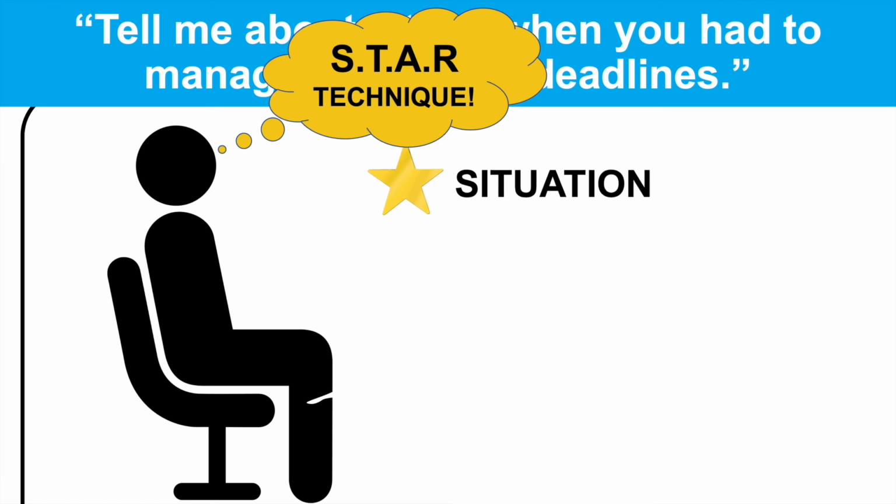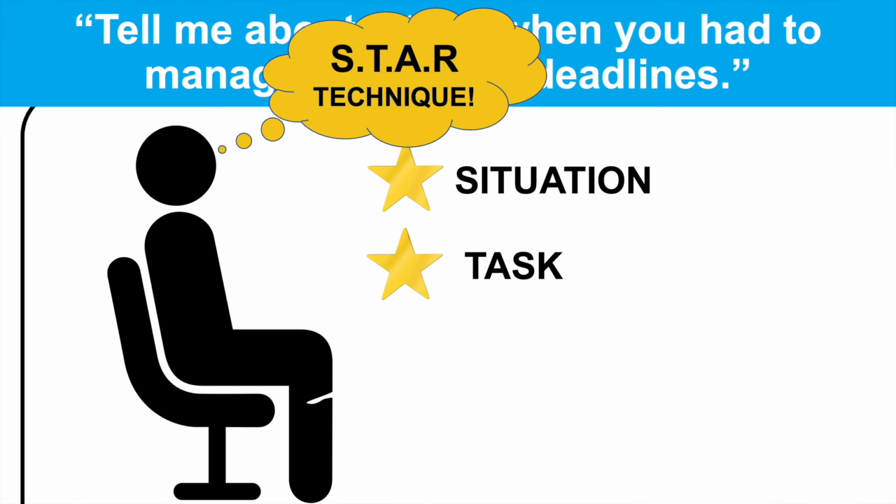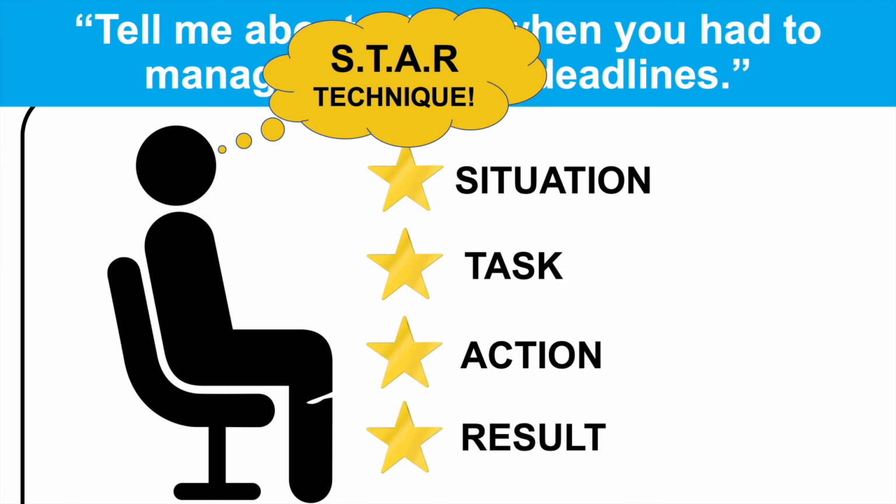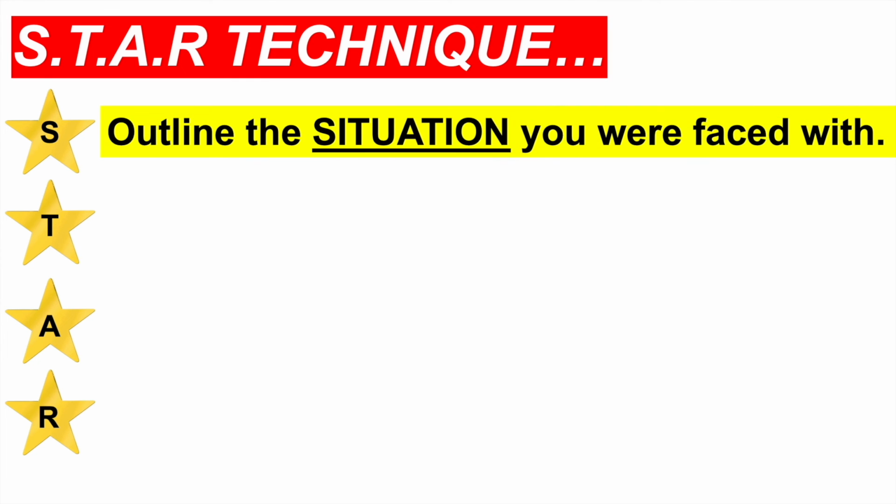So STAR stands for situation, task, action, and then result. So let me explain what each of those different elements are. The hiring manager asks you a behavioural interview question. You start off and you outline the situation you were faced with. So you are actually telling them a story about a situation you have previously been in.